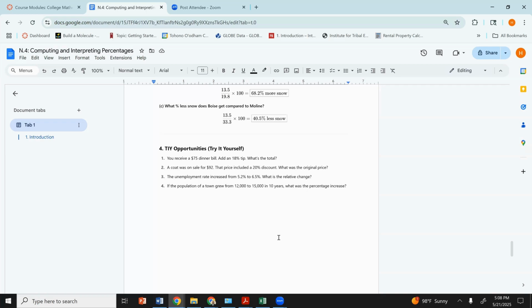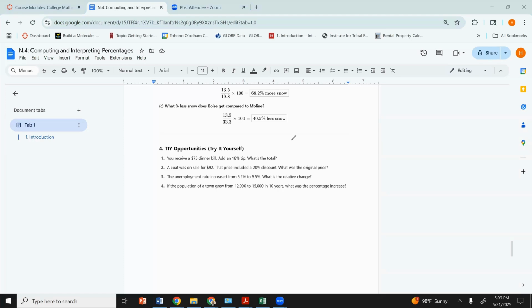All right, if you're back from your do it yourself, I just want to make sure you're doing it right. You receive a $75 dinner bill, and you are supposed to add an 18% tip. What should be the total? With this type of question, you have to get the original price, and then you apply the percentage rate.